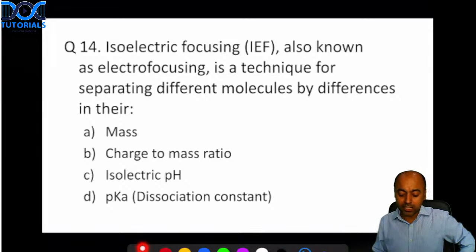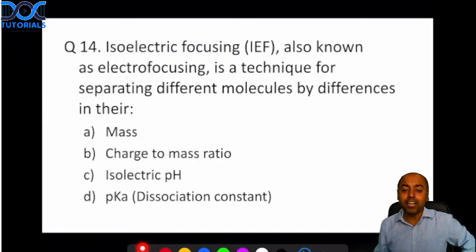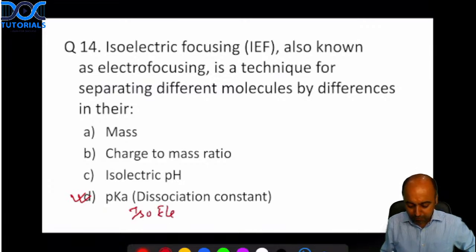Question 14. Isoelectric focusing, also known as electrofocusing, is a technique for separating different molecules by differences in their isoelectric pH.